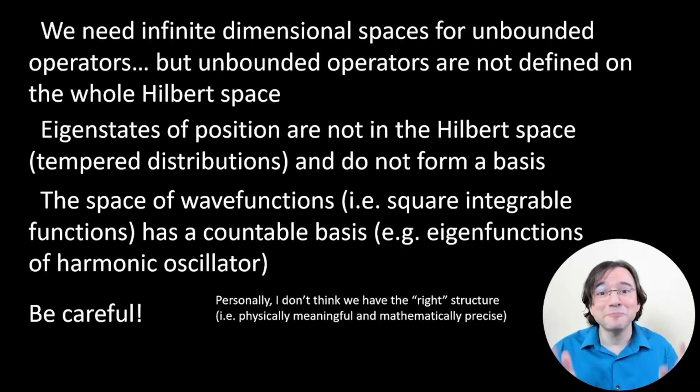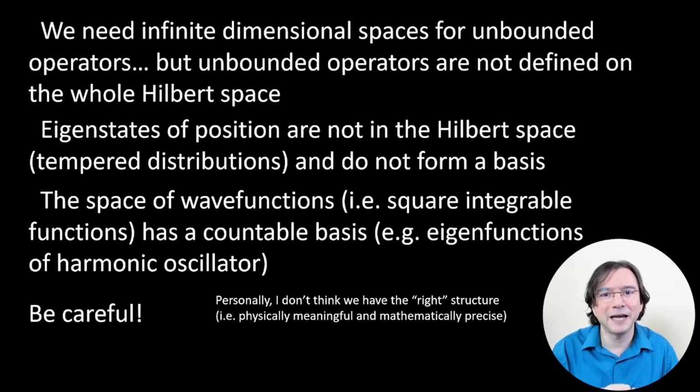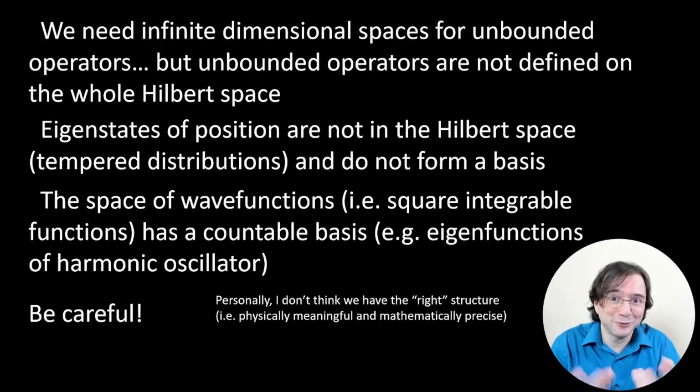So with that said, be careful. I think that this whole area is one of the hints that perhaps we don't have the correct mathematical structure. And by correct, I mean something that is physically meaningful, where every object actually maps to some physical entity.